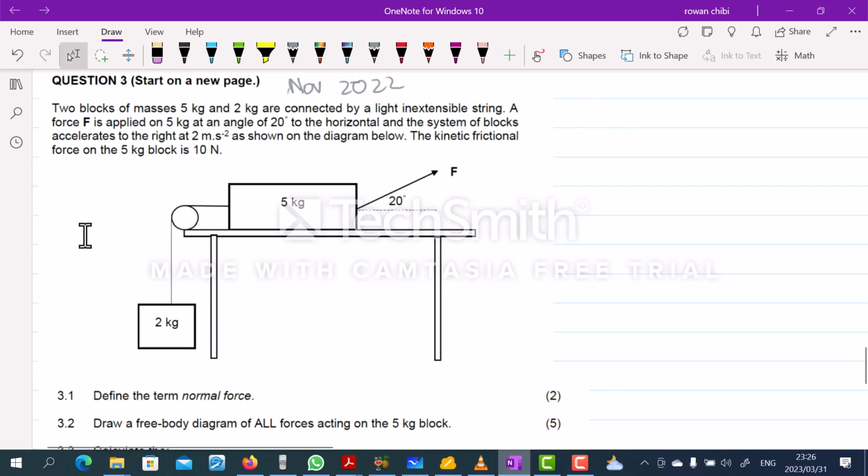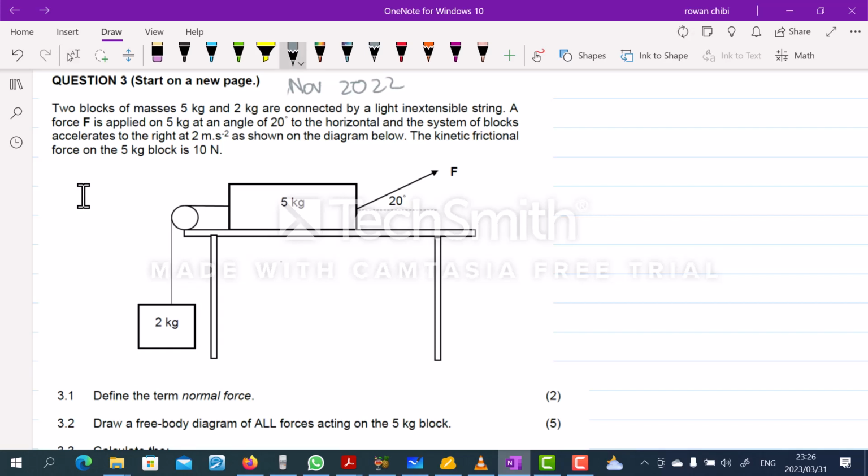The statement says two blocks of mass 5 kg and 2 kg are connected by a light inextensible string. A force F is applied on the 5 kg block at an angle of 20 degrees to the horizontal, and the system of blocks accelerates to the right at 2 meters per second squared.